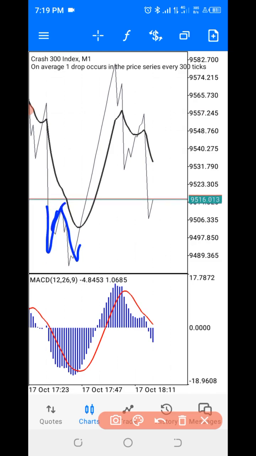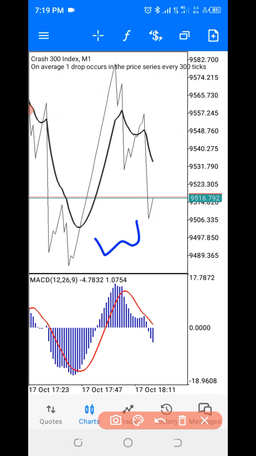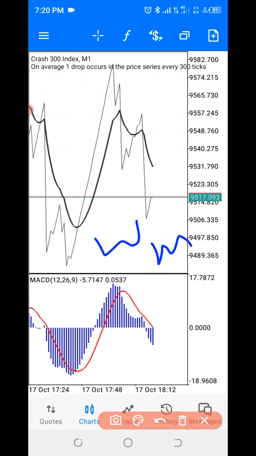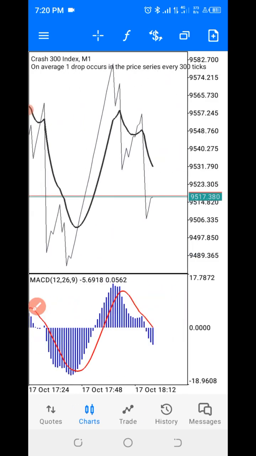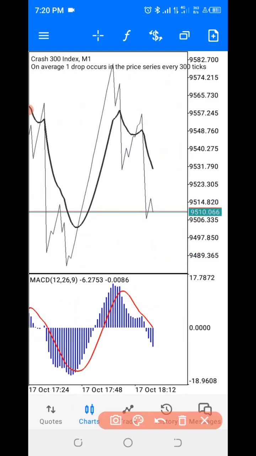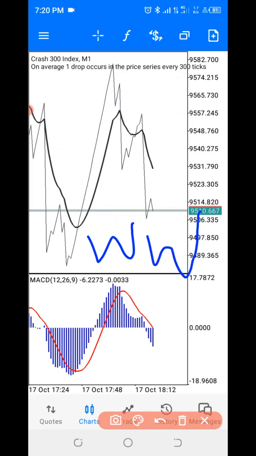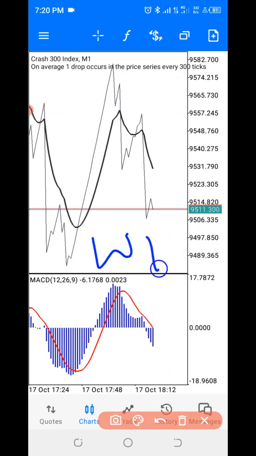We have the variations: the normal W and the advanced W. That's the two that I remember first. So on this, you actually see that this is the normal W that we have, and this is our advanced W.